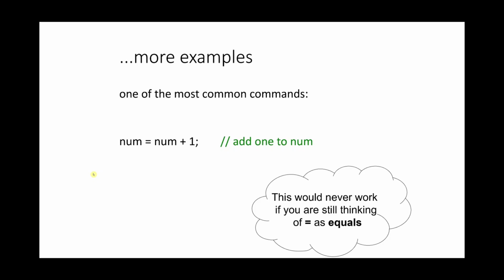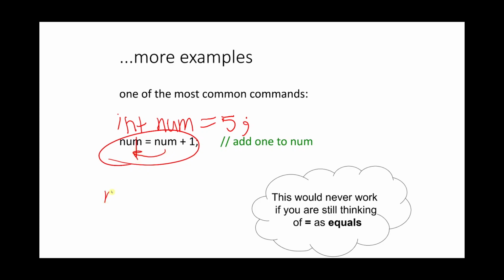Okay, this is adding 1 to num. There is something I can use to prove to you that the equal sign we use in C++ is not equal. It's actually the assignment operator. If I have int num equal 5, and you have done this. Now in math, this is going to be num going to the other side as a negative.